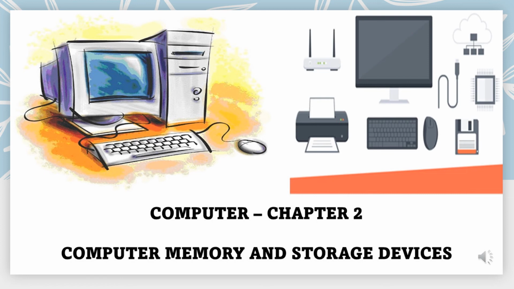We saw the relationship between the CPU, the internal devices, and some units for measuring computer memory. We also just started off with the topic types of memory. From that part we will now continue our video. So let's get started.